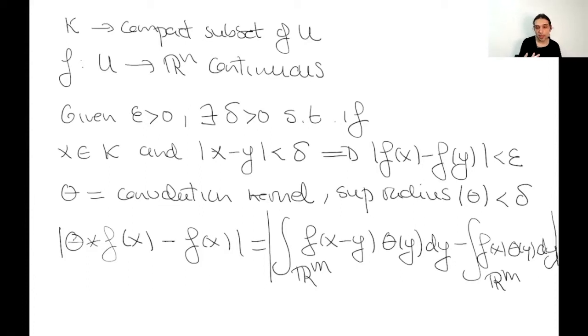Now you have to take into account that the support of theta is contained in the closed ball of center at the origin and radius delta.